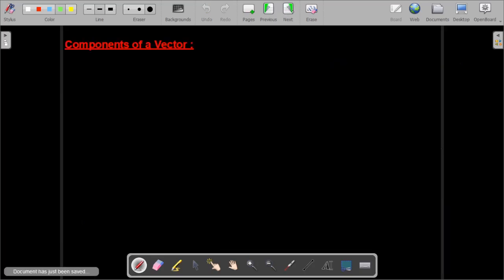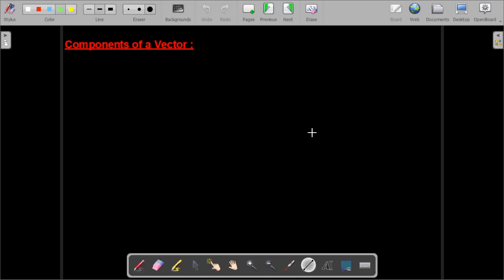Now come to the components of a vector. We can write any given vector in two components which are perpendicular to each other. Like this.